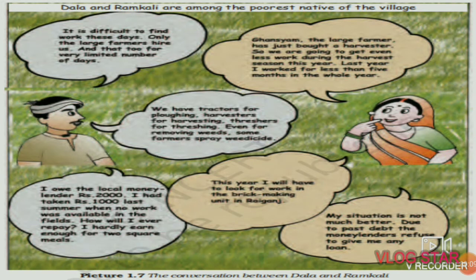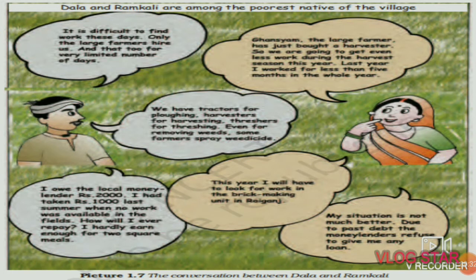Ramkali says that my situation is not much better. She also told Dala that yes, my condition is equally bad. Due to past debt, she has also taken some loan. But now, if she goes and asks any money lender once more, she won't be given a loan.